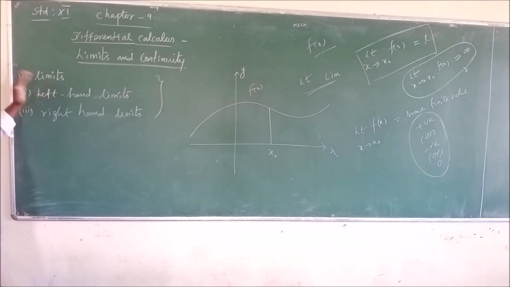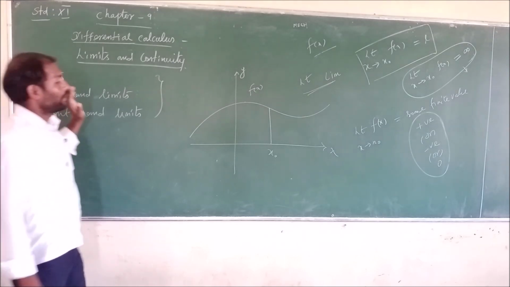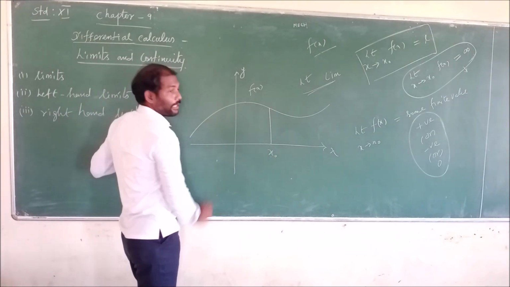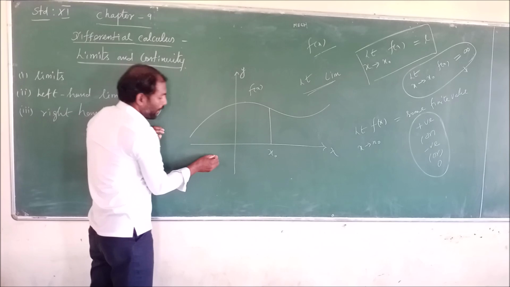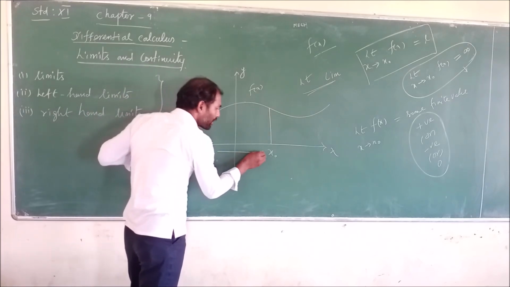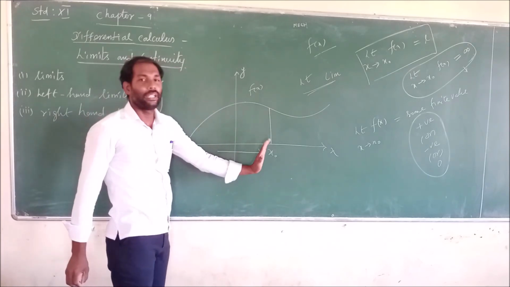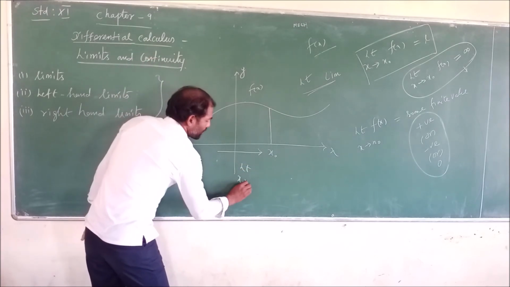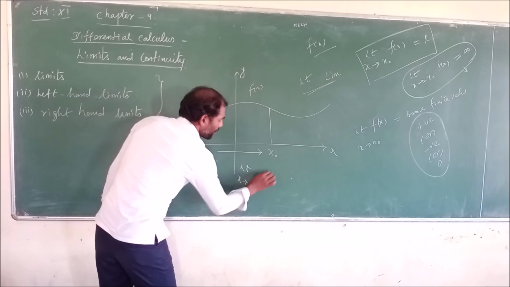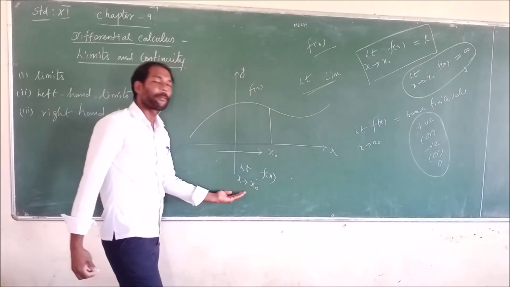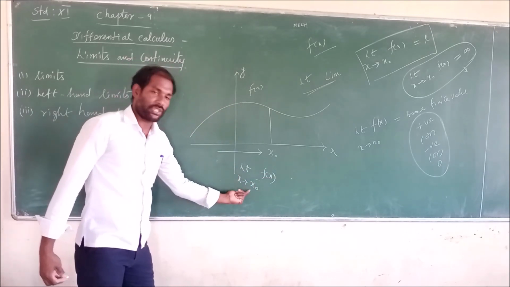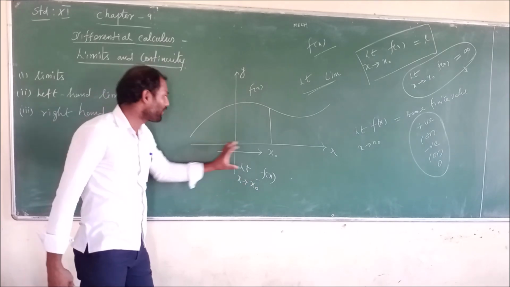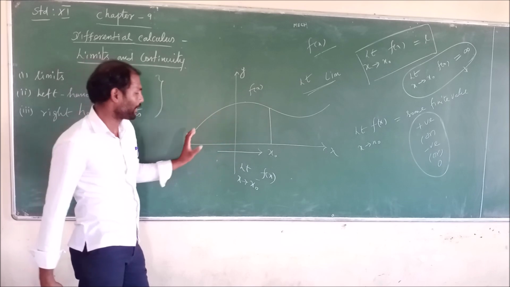Then left hand limit means that the point x approaches x naught from the left side of the function. It is denoted by limit x tends to x naught minus of f of x equals some L; this minus denotes the left side limit or left hand limit.